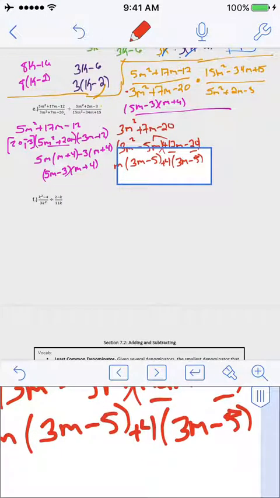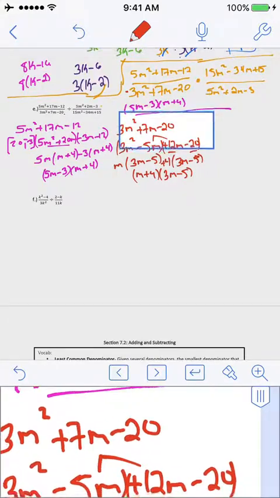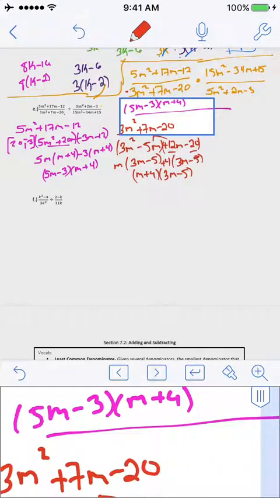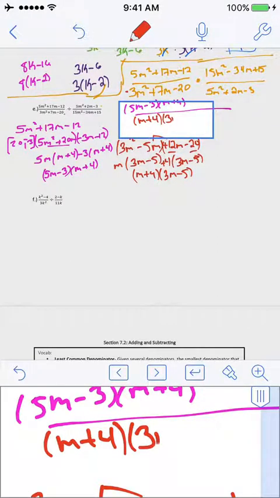Okay, last but not least, take out the 3m minus 5, I'm left with m plus 4 and 3m minus 5. So that was the first denominator. I'm just going to erase that real fast so that I can fit it in there. So m plus 4 and 3m minus 5. Alright, 2 down, 2 to go.